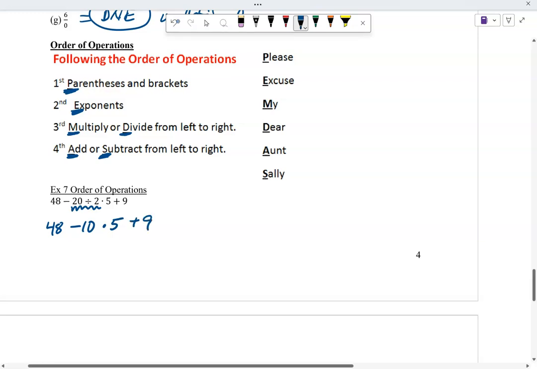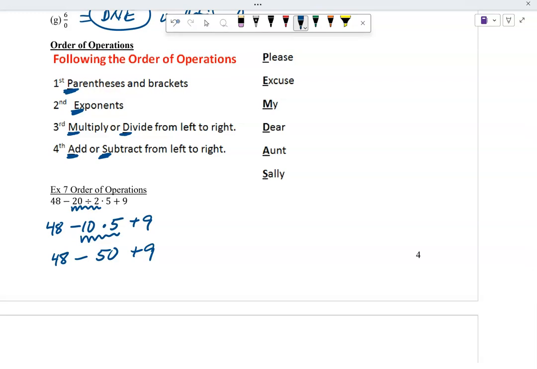I still have some multiplication, so now I'm going to do negative 10 times 5. And now it's all addition and subtraction. So I've got negative 48 minus 50, sorry about that, is negative 2 plus 9. And then negative 2 plus 9 gives us 7.